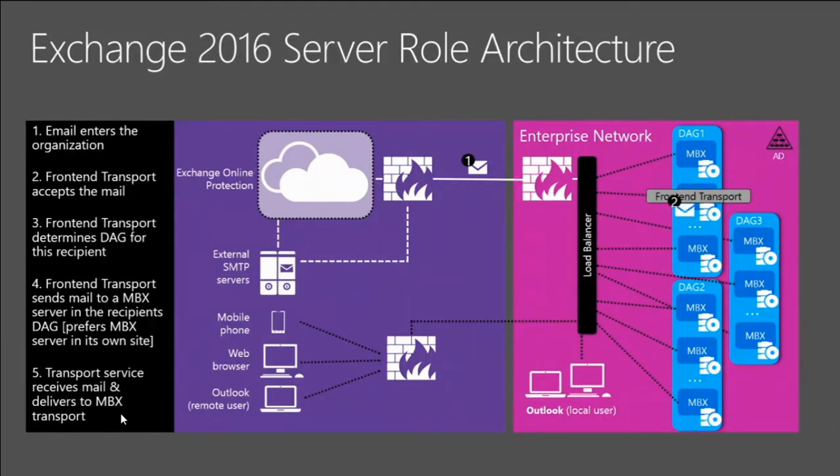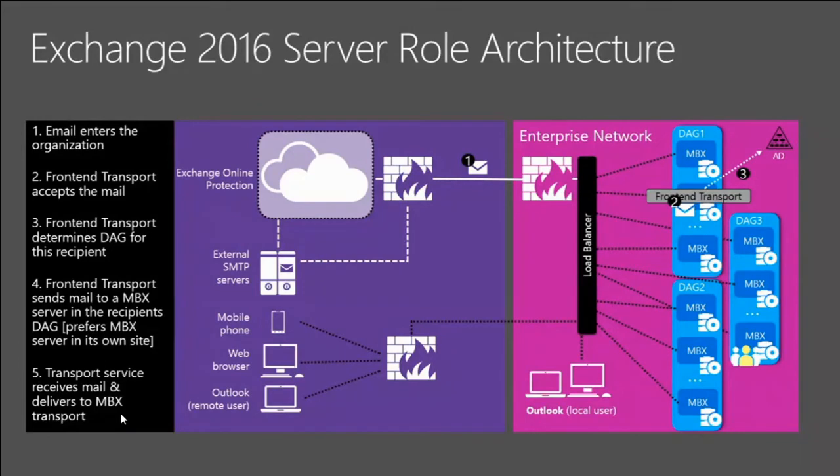The front-end transport service, I told you, one of its primary duties is to talk to Active Directory and figure out which DAG that mailbox, that recipient, belongs to. So it queries AD and finds out that that particular recipient belongs to DAG 3. Now it doesn't really care which mailbox server in that DAG it sends to. What it cares about is that it has found the right DAG.